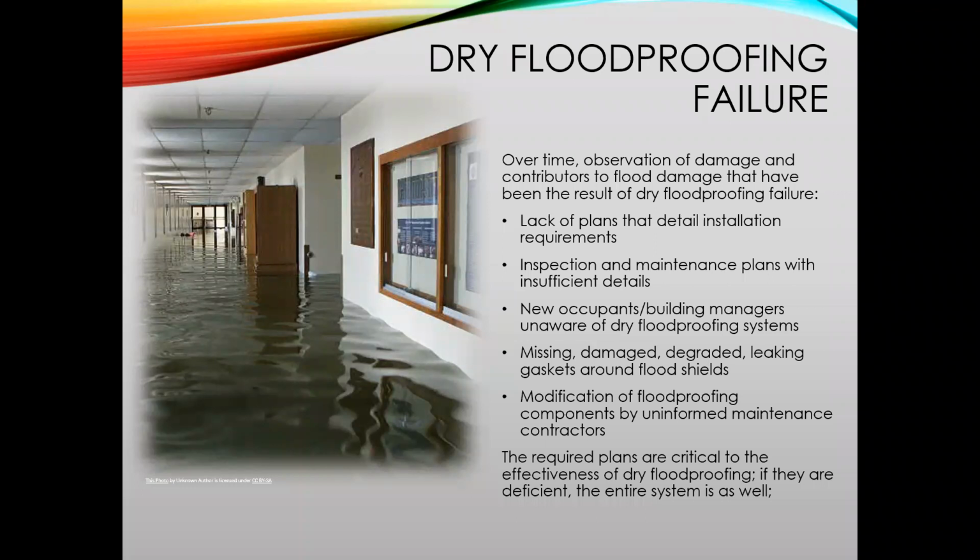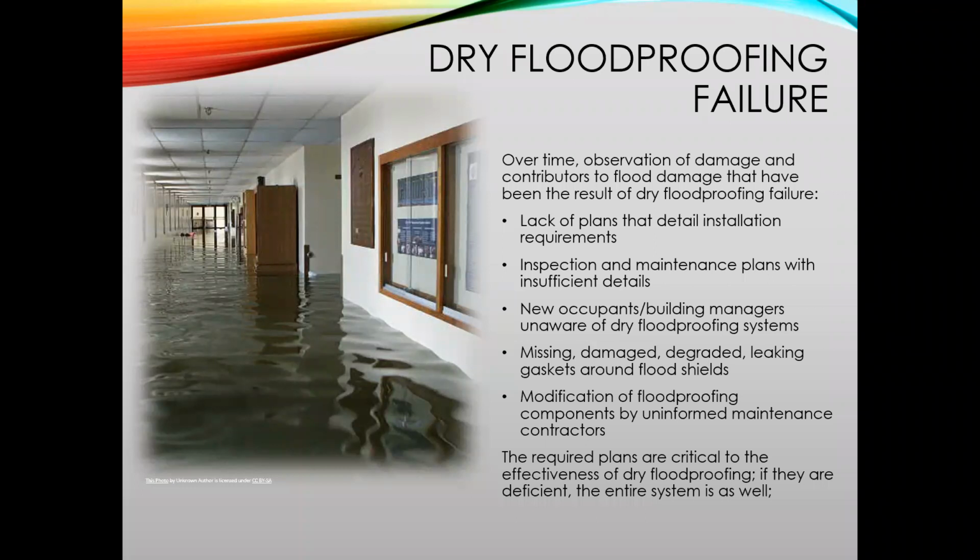And of course, there is always the risk of failure, as I said, residual risk, and FEMA has included their observations of damage that have been attributed to the failure of dry floodproofing over time, just so that they can better advise potential dry floodproofers. So: lack of plans that had this detail about installation, and inspection and maintenance plans that didn't have enough detail.